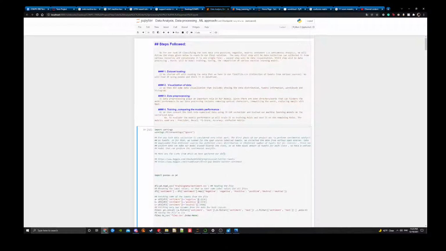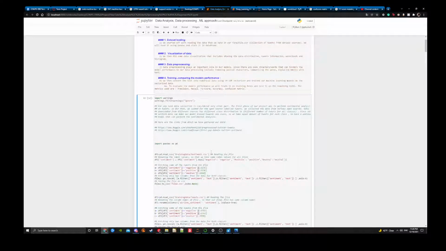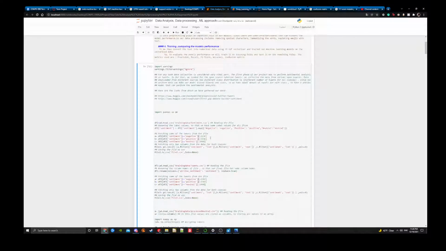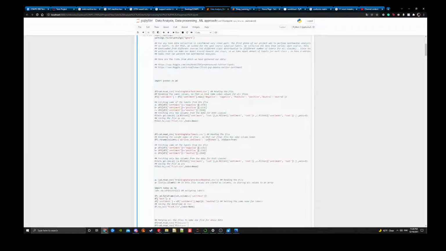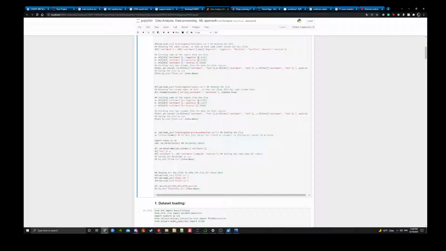We begin by loading our data, processing it, and turning it into something we can manipulate and get results out of. We collected many .csv files containing many sentiments, took all the elements we needed, and put them into one big file called the final file.